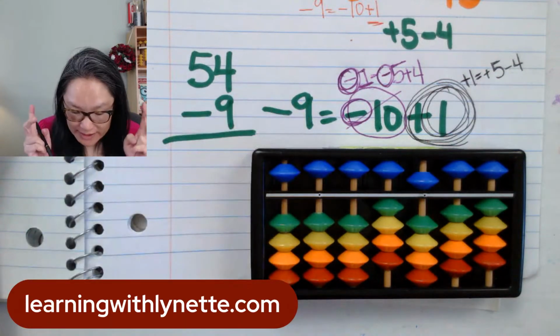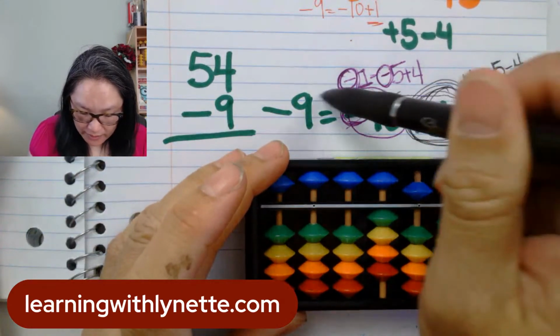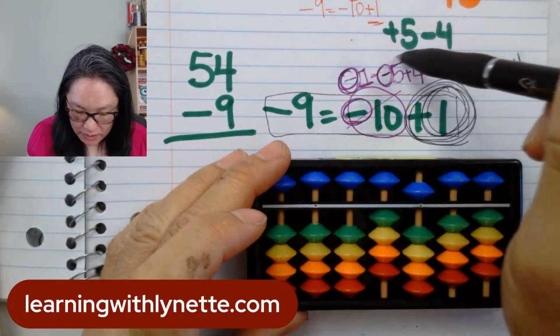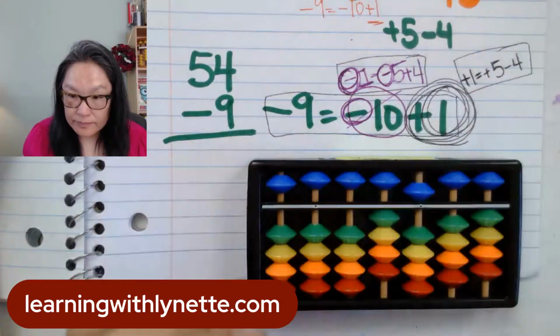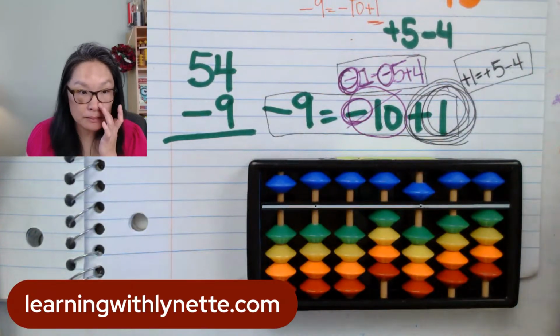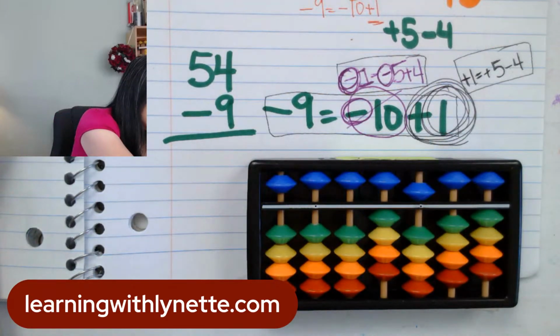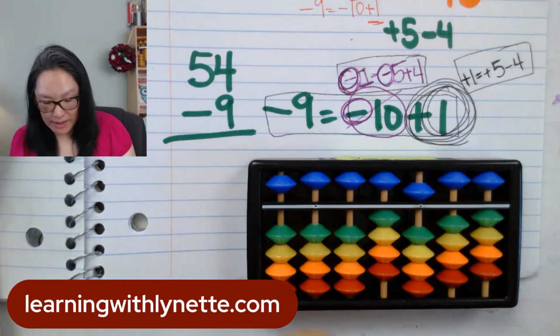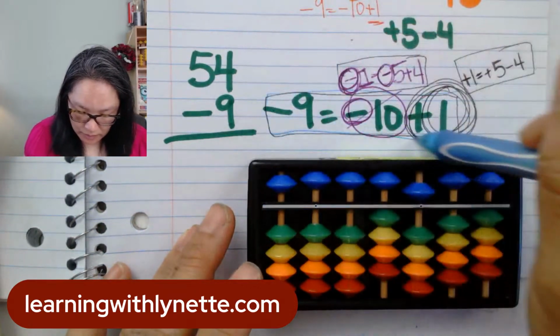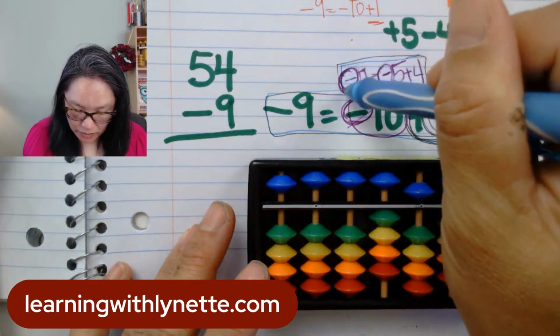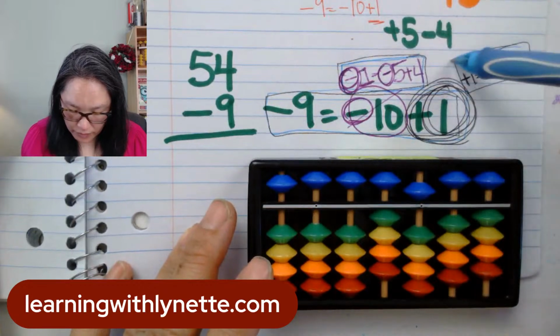So this was 3 steps, because this is 1, this is 2, this is 3. Did that make sense?